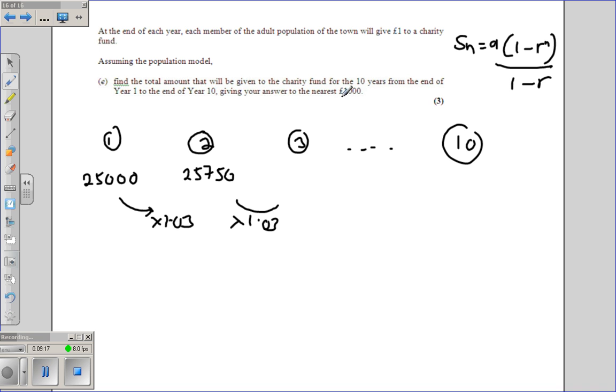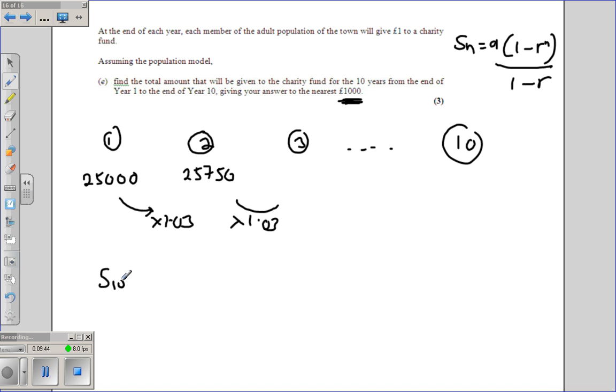It does say give your answer to the nearest 1,000. The hardest bit about this really is it's not telling you to find the sum. You've got to read it, understand the question, and realise you're just finding the sum of the first 10 terms. But you could guess that anyway because they usually want to assess that you can do that in an exam. So even if you couldn't understand it, you have a good guess and sum it up.